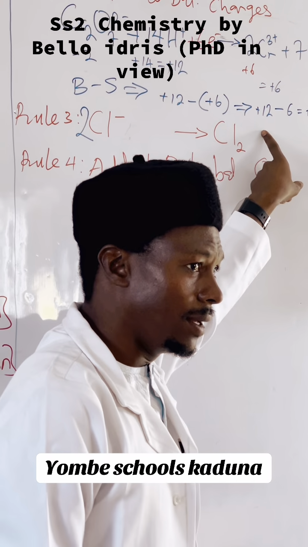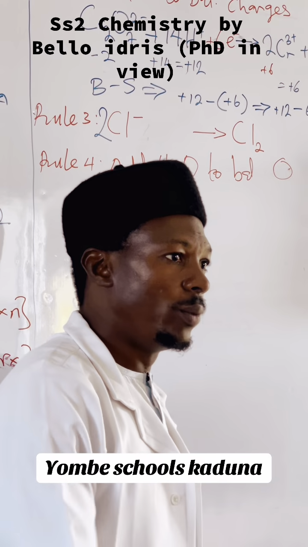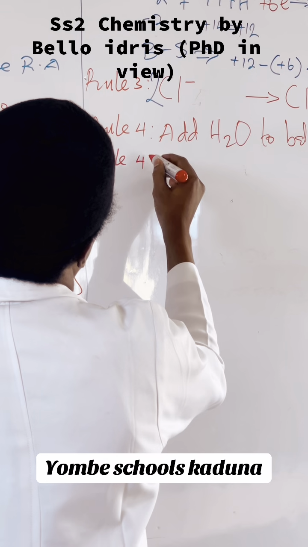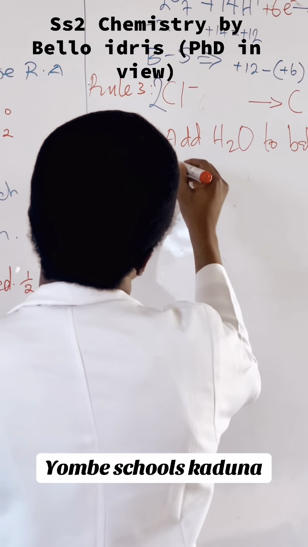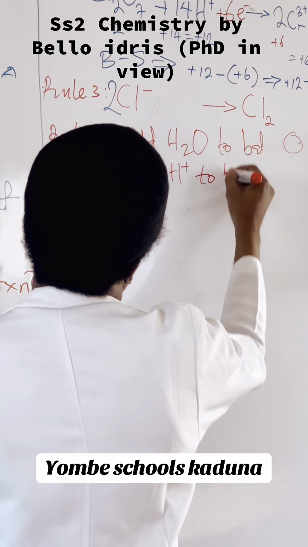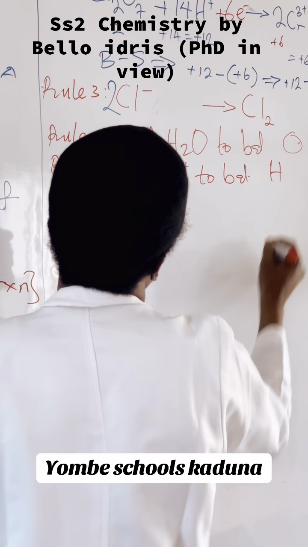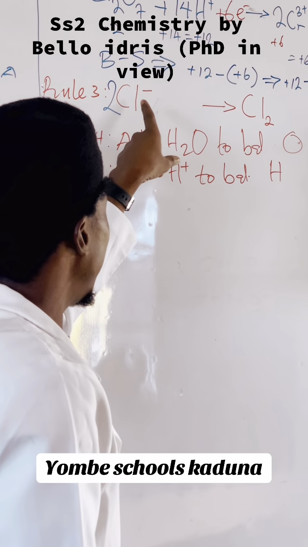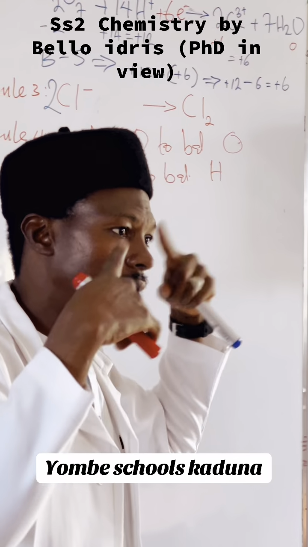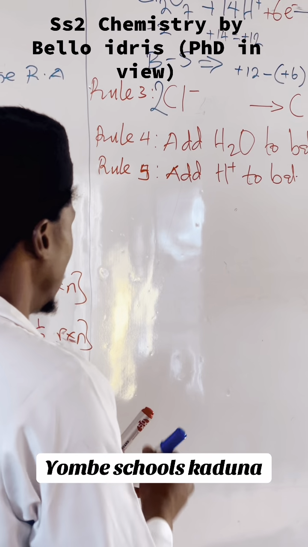No. Do we have oxygen here? No. The rule is gone. We move to the next rule, rule number 5: add hydrogen ion to balance hydrogen. Do we have hydrogen here? No. Do we have hydrogen here? No. The rule is gone. Are we together?